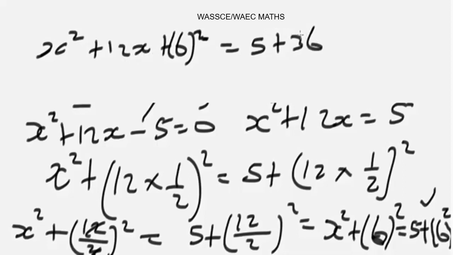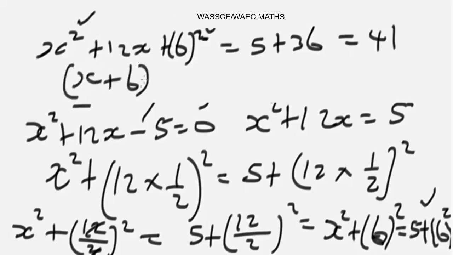When you simplify further, 5 plus 36 gives us 41. Now to complete the square, we now have a perfect square on the left, so we have (x plus 6) squared equals 41. We don't need the 12x again.